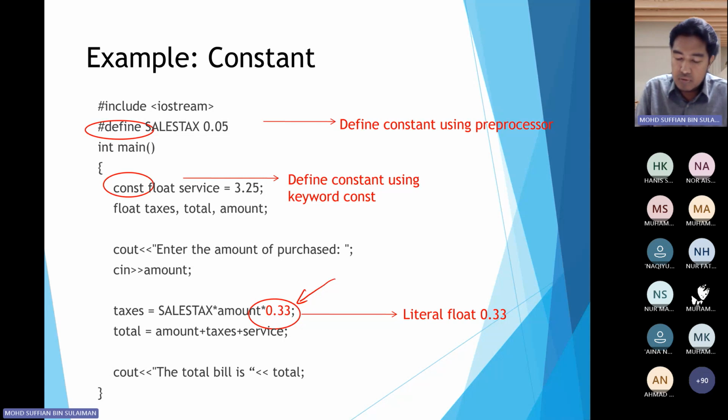If you don't want to use it like this, you can use this kind of definition. Const, you need to start with const, followed by the data type, and then the variable, and then the value can be accepted. Or you can also use it like this: hashtag define sales tax 0.05. So no equal sign, please don't be confused. No equal. So these are the three approaches that you can use to declare a constant.